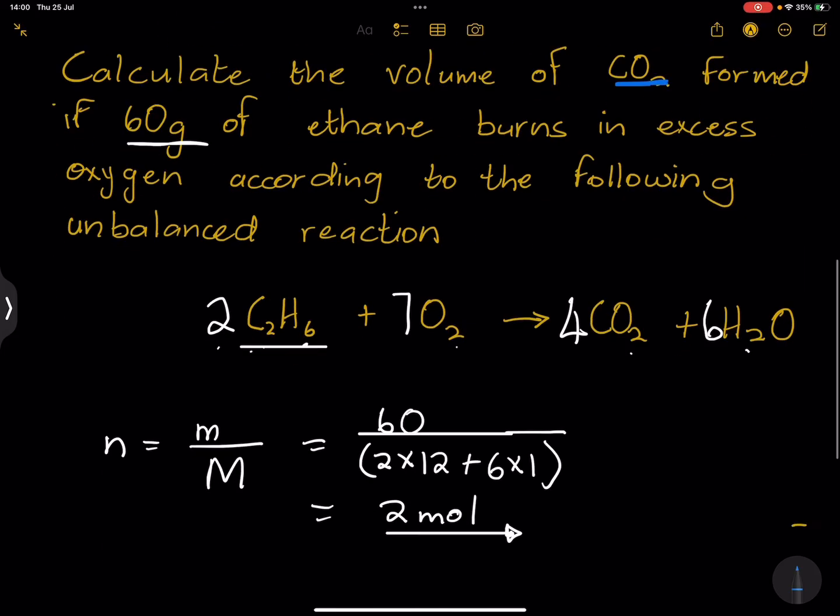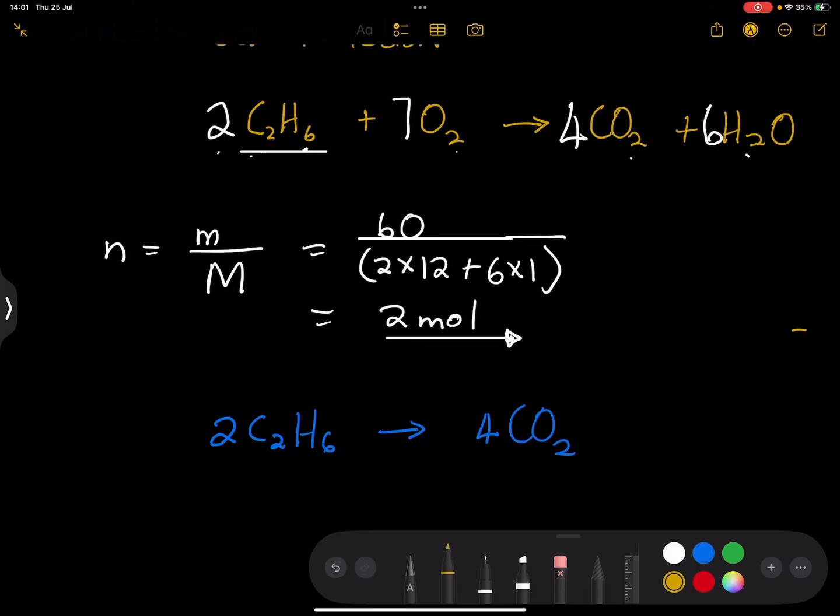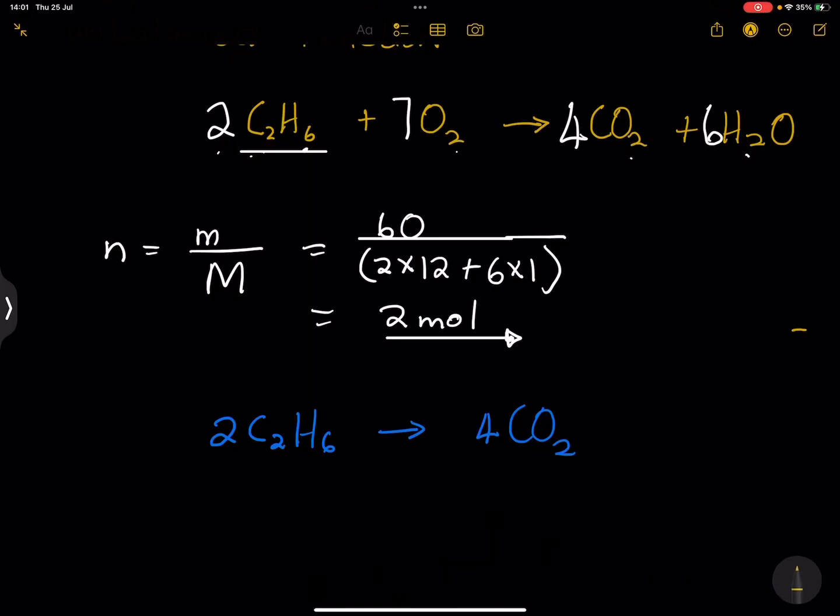So I'm going to use the coefficients that I have. 2 moles of C2H6 gives me 4 moles of carbon dioxide, right? So if I've got 2 moles, then how many moles of carbon dioxide do I have? And you'll see that that actually gives us 4, because that's the ratio that we have, right?